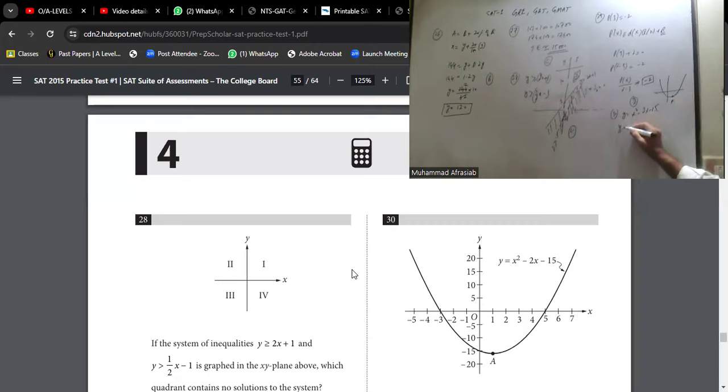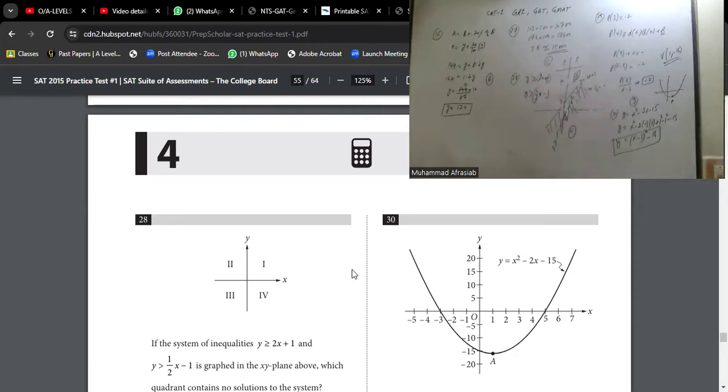So we can write this by completing the square. x square minus 2 into x into 1 plus 1 square minus 1 square minus 15. That should be equal to x minus 1 whole square, minus 1 minus 15, which is minus 16. So this is the solution, where the vertex lies at 1 and minus 16.